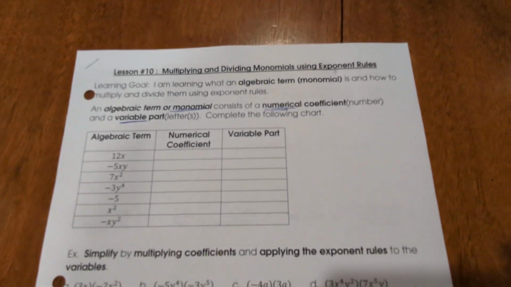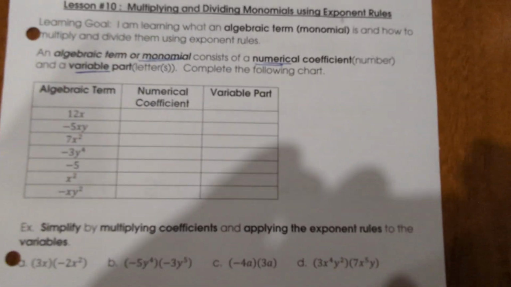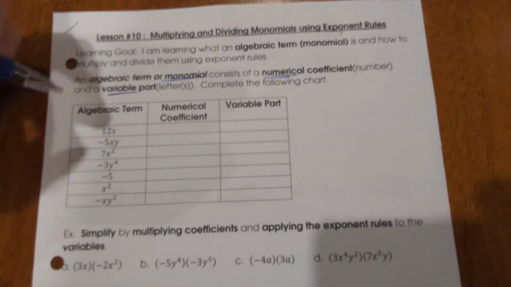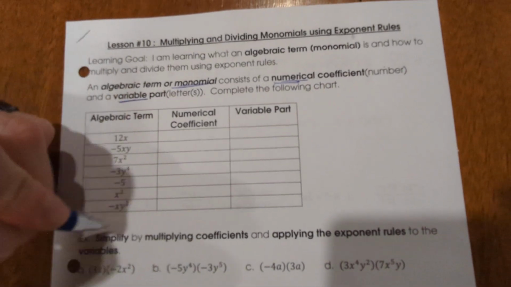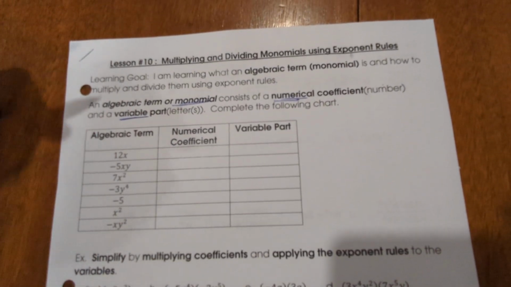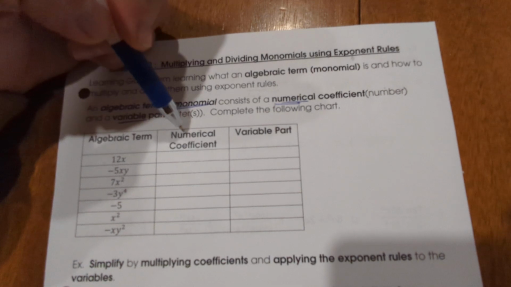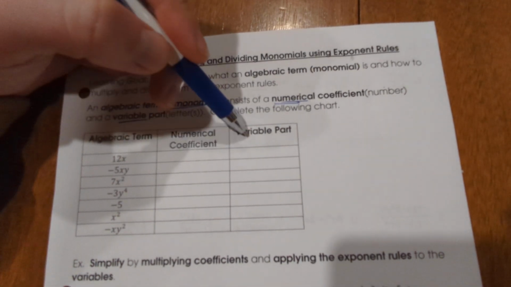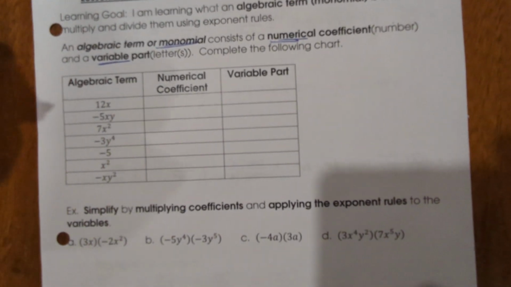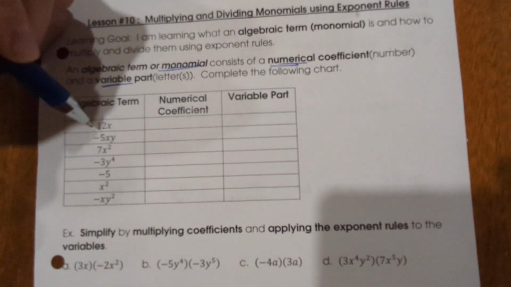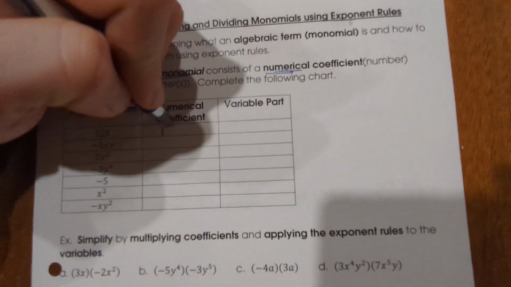Okay, so if we look at what this means exactly, these are some algebraic terms, some monomials. And if we break these up into numerical coefficient and the variable part, here's what it looks like. Numerical is just the number in front. So we literally just have 12 here, and then x is the variable.